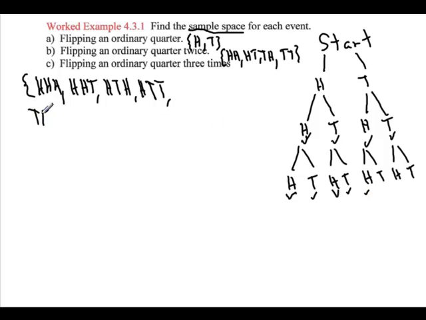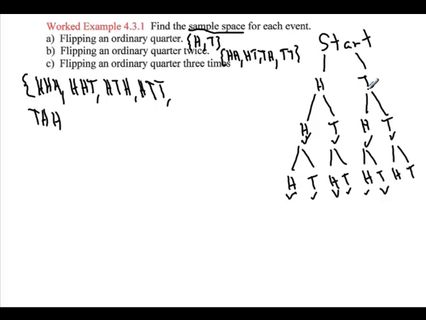And you can see the value of the tree diagram. I mean, this would be so confusing to try to just write these all out by kind of thinking about it and guessing randomly. So the tree diagram really is nice in allowing you to get a structured way of not missing a single one.